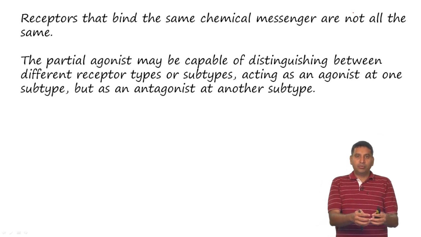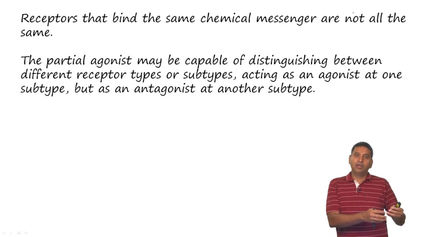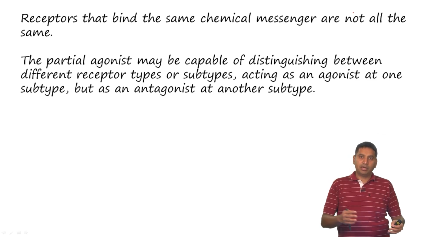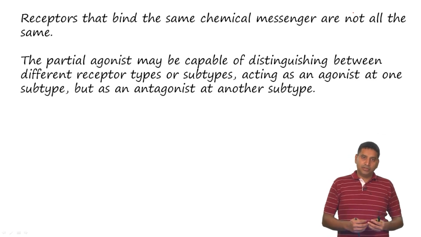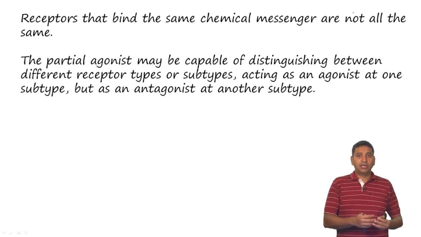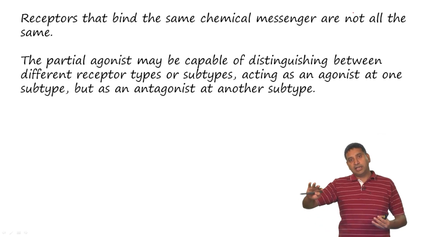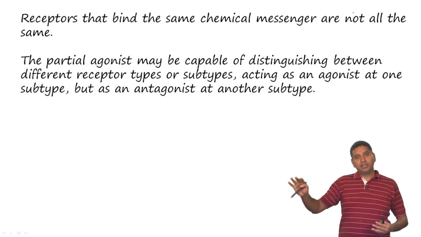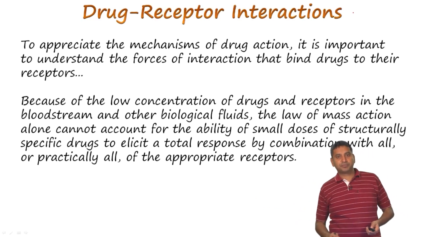So, in doing so, what may happen is that the partial agonist may work better on one receptor subtype compared to the other. That is, it can act as an antagonist for a particular receptor, or it can act as an agonist for a particular receptor, while it can have a different activity on the same receptor subtype.